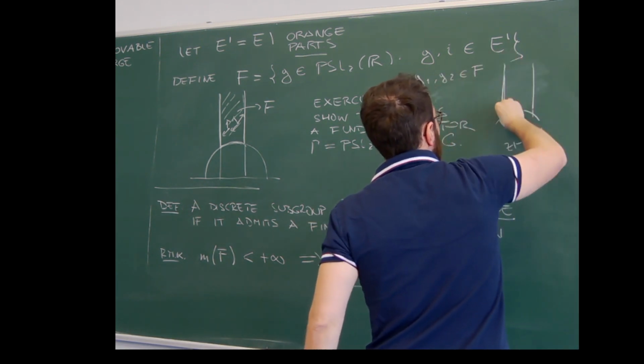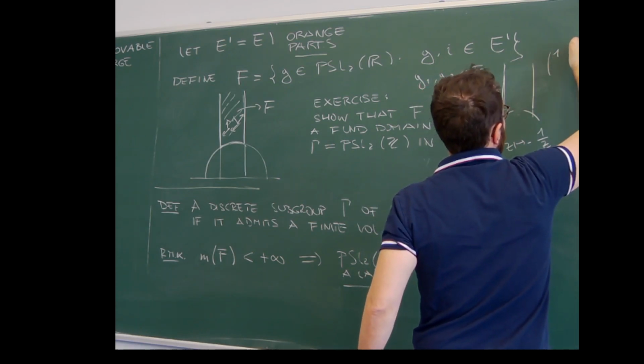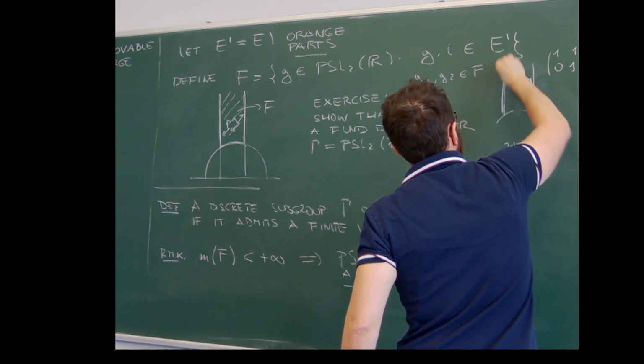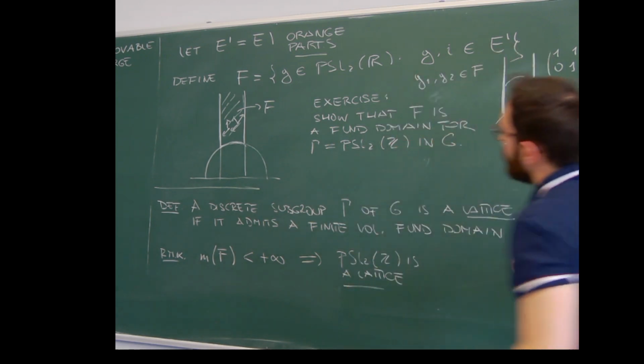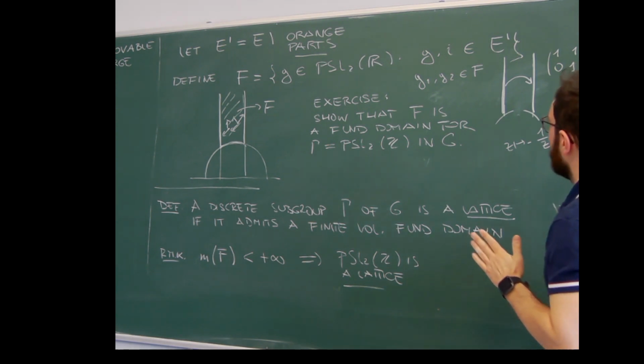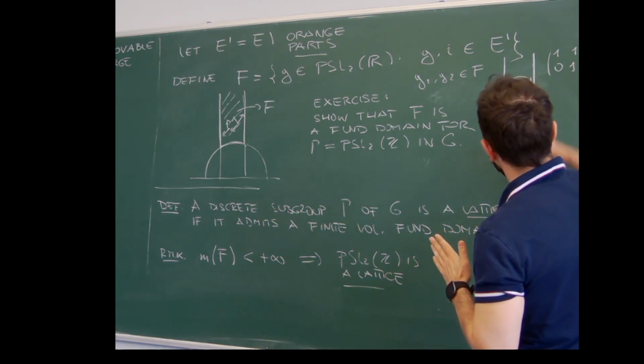So the matrix 1, 1, 0, 1 is a translation. So it sends this strip to this strip here, right? And this means that you have two representatives for the same element.